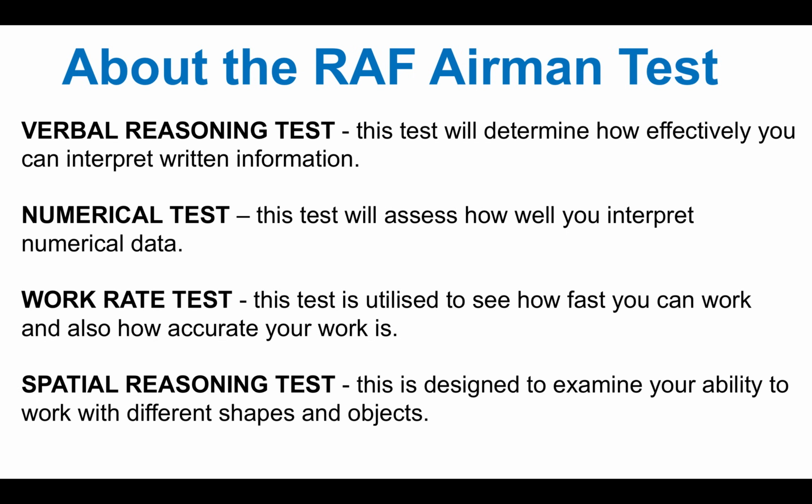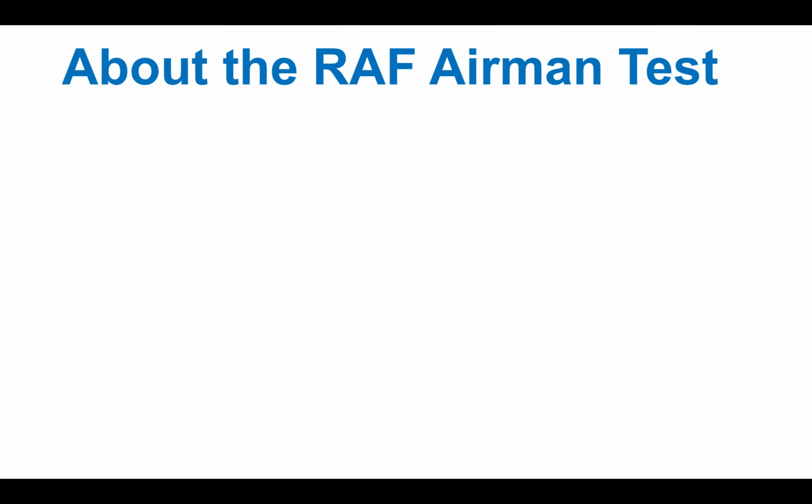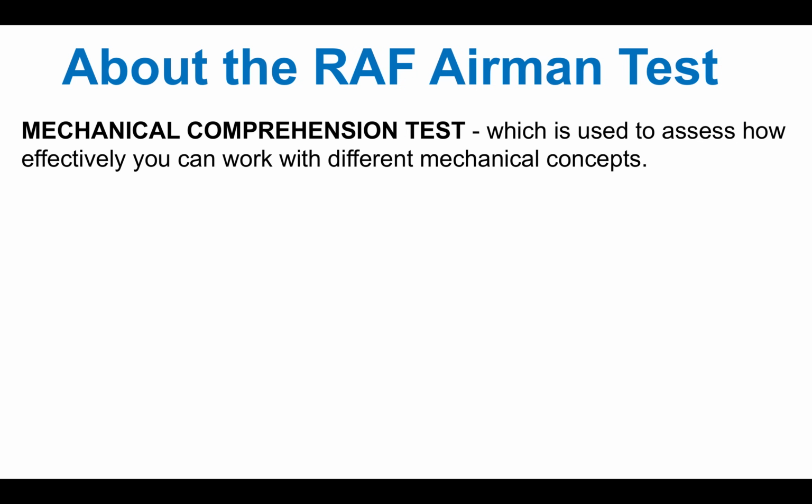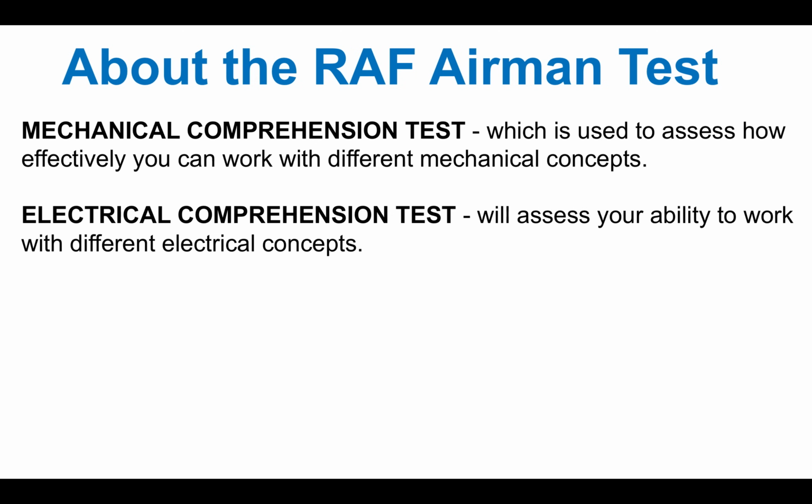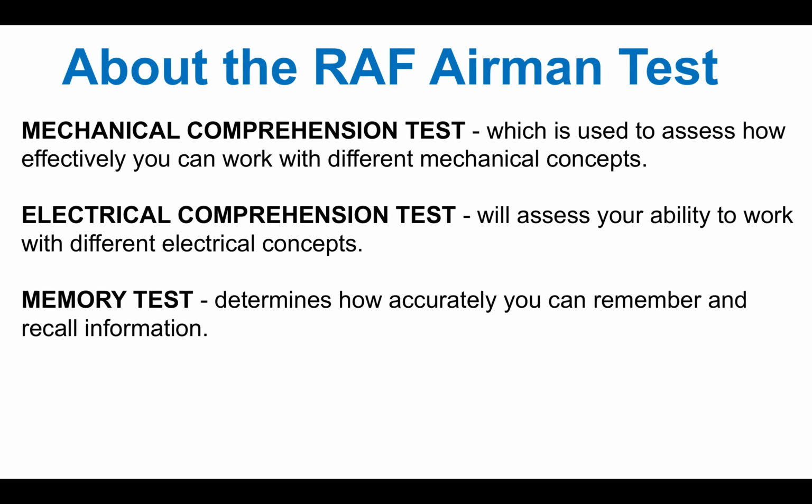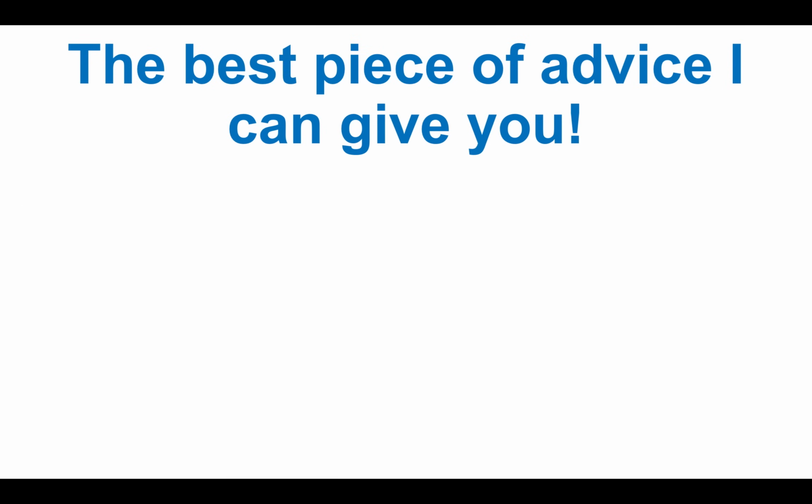There's a spatial reasoning test, which is designed to examine your ability to work with different shapes and objects. There is also a mechanical comprehension test, which is used to assess how effectively you are able to work with different mechanical concepts. The electrical comprehension test simply assesses your ability to work with different electrical concepts, and there's a memory test too, which determines how accurately you can remember and recall information.